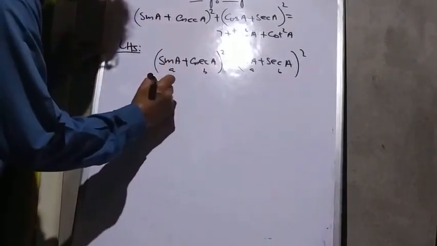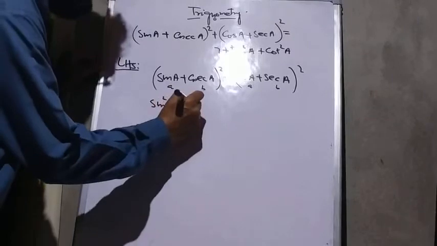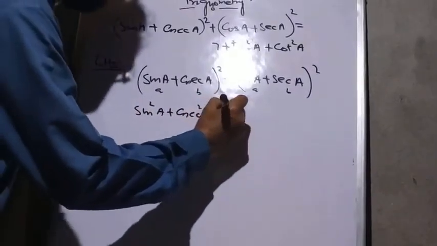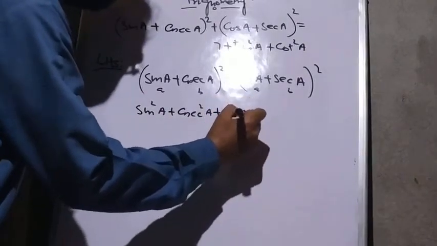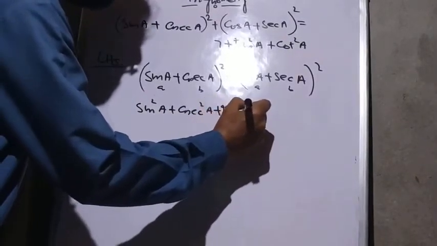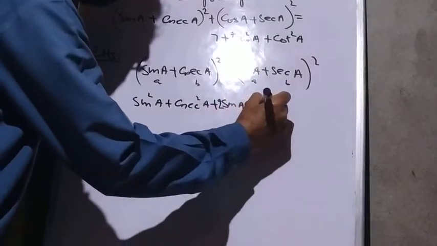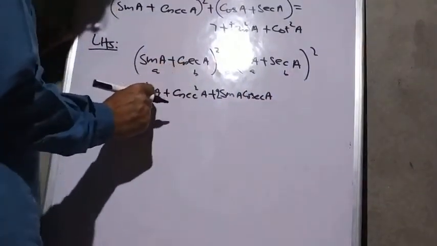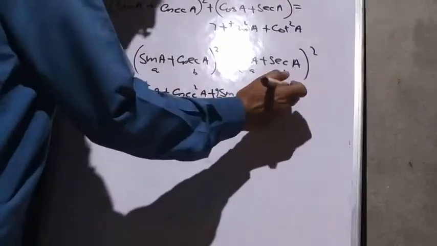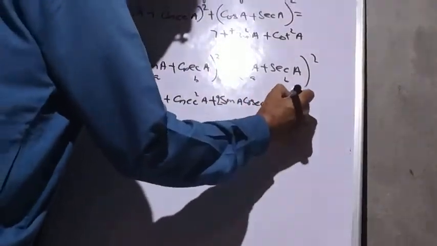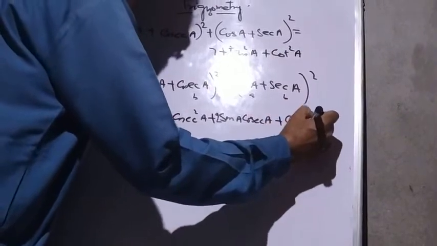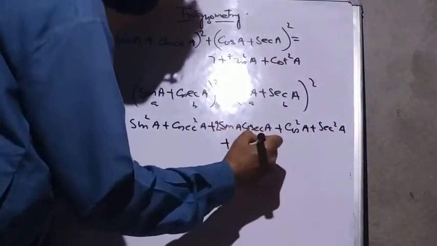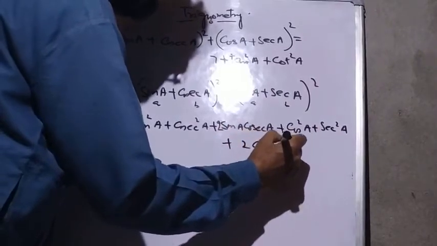So it is sin square A plus cosec square A plus twice sin A cosec A. Similarly here, this is cos square A plus sec square A plus twice cos A sec A.